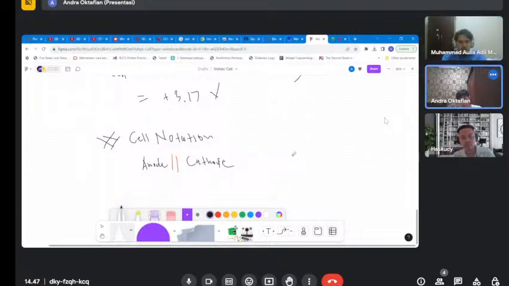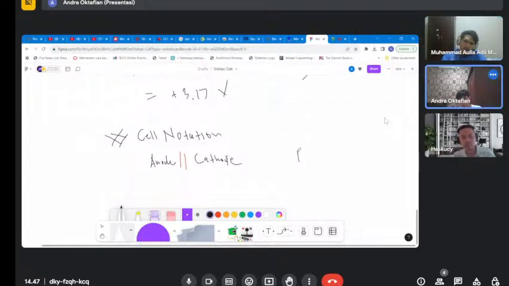All right, so simply you write magnesium like that, and then for the argentum, which is the cathode, it is like this.